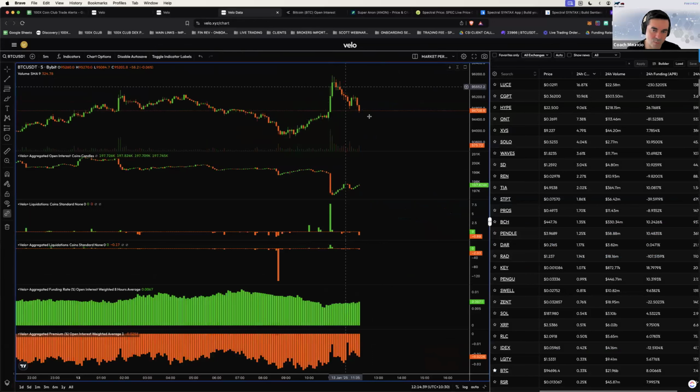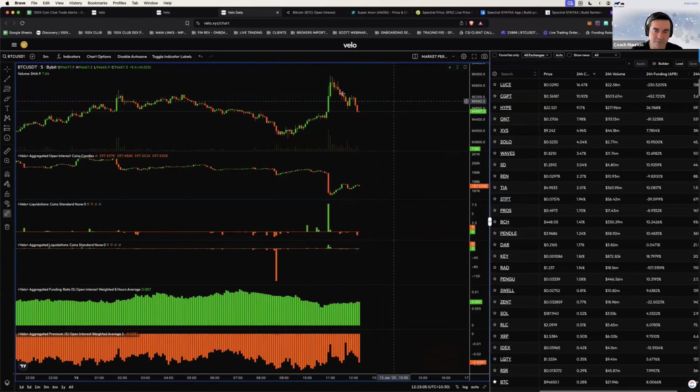I think what's going on is that it looks like people want to short that level. Why? Because the price is going down. This is going to be interesting, because when people start shorting, either the market goes down or they get liquidated, and that's what's going to fuel the market to the upside. So interesting.